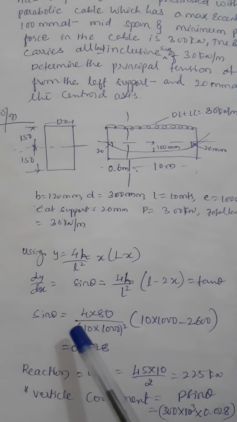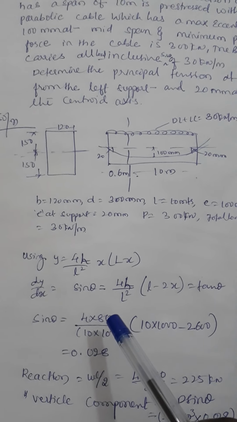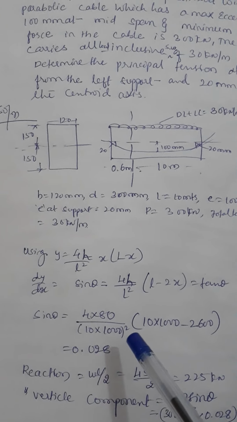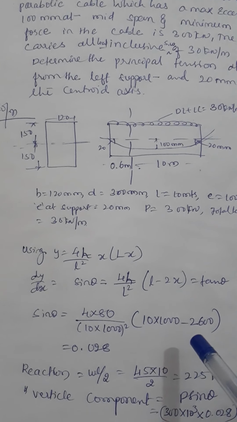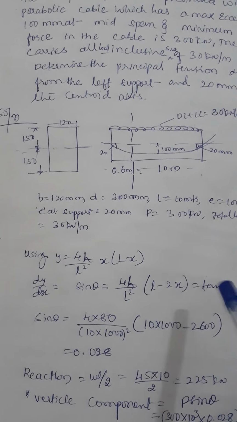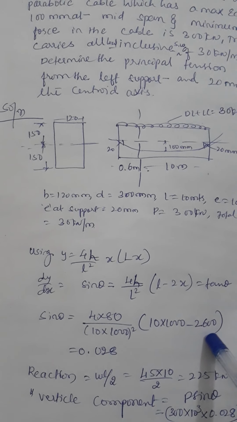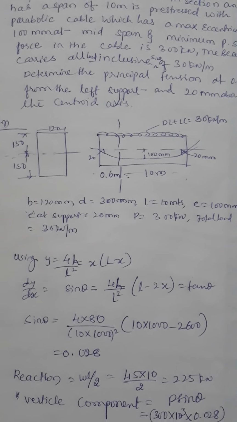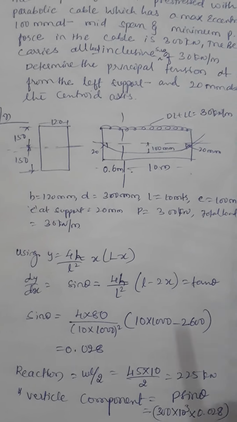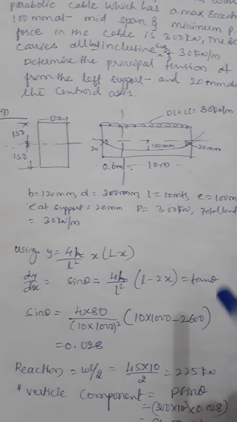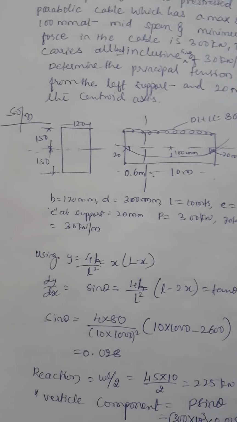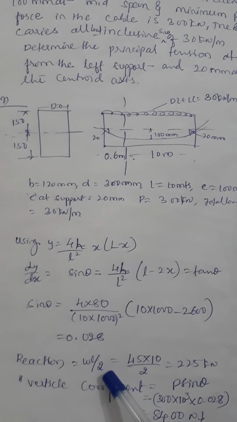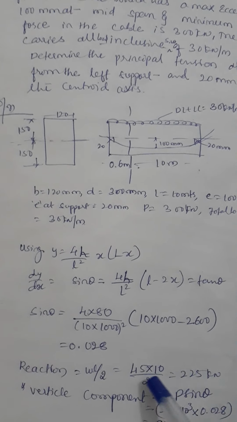So sin theta equals 4 into (100 minus 20) by 10 into 1000 square, into (10 into 1000 minus 2 into 600), where x is 0.6 meters, which is 600 mm. So it comes to about 0.028.